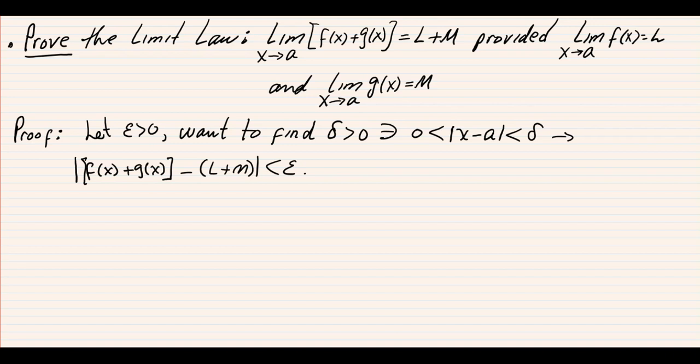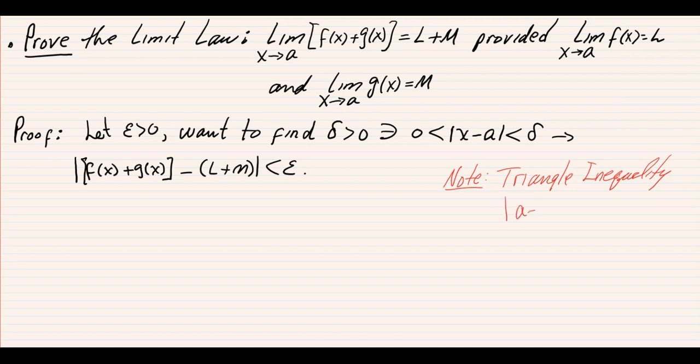Let me stop now and give you an inequality known as the triangle inequality, because that is our next step in the proof. Our very first step requires knowledge of this inequality. There are different versions of it.